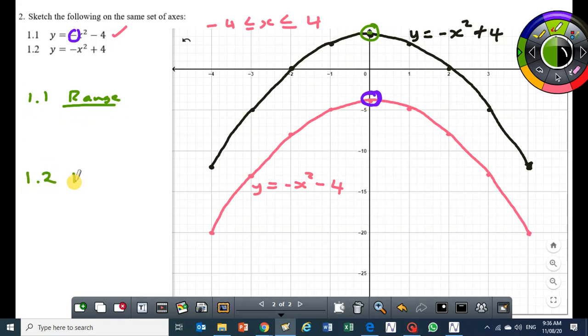Then for 1.2, you write down the range. I'll give you 1 to 2 minutes. Write down the ranges of those two graphs. Their domains are the same, but their ranges are not the same.